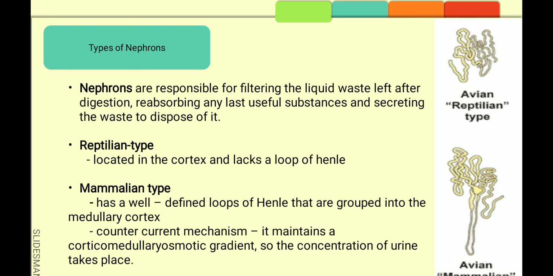It has a countercurrent mechanism, meaning it maintains a cortico-medullary osmotic gradient, so the concentration of urine takes place. As you can see here, I have an illustration of the types of nephrons, for the reptilian type and for the mammalian type.